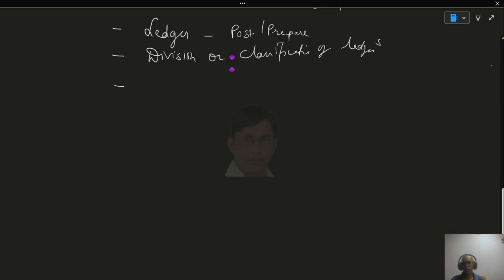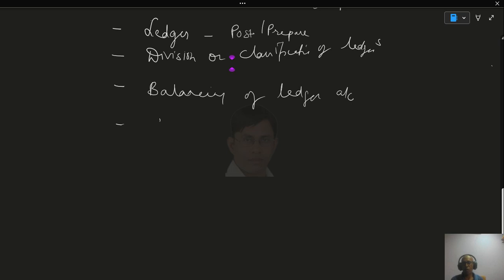So what is the purpose of classification, and how many different classifications are there? All those things we have learned. And we have learned the balancing of ledger accounts.